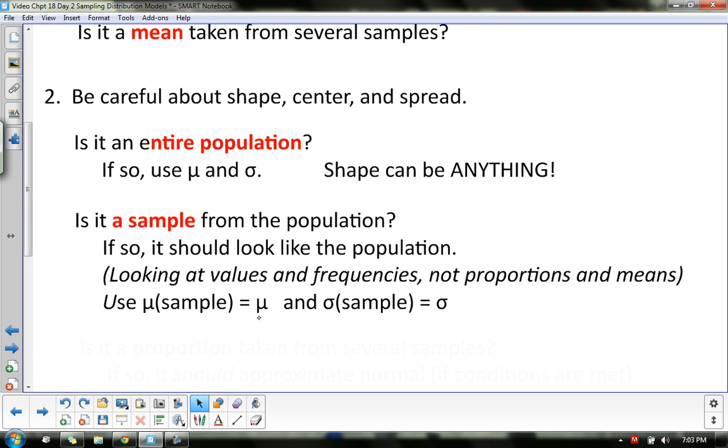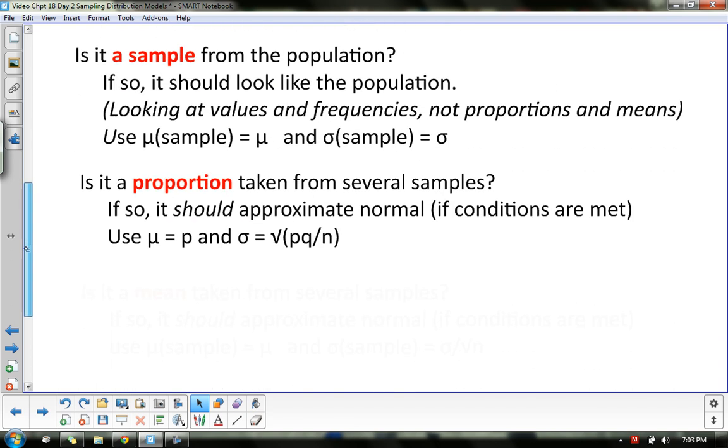And for one sample, we'll say the standard deviation and the mean are both mu and sigma. That's just one sample. But if we're talking about several samples and we're using a proportion, we're going to center the proportion at mu, at my true population, and my standard deviation is the square root of PQ over n, success times failure over sample size.